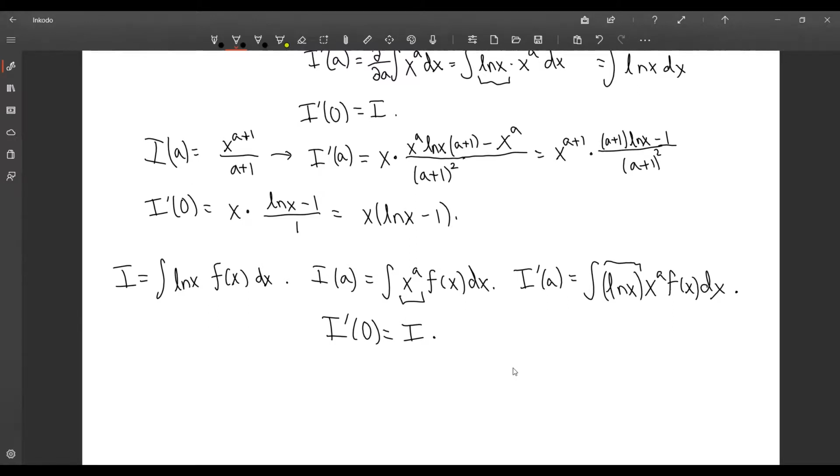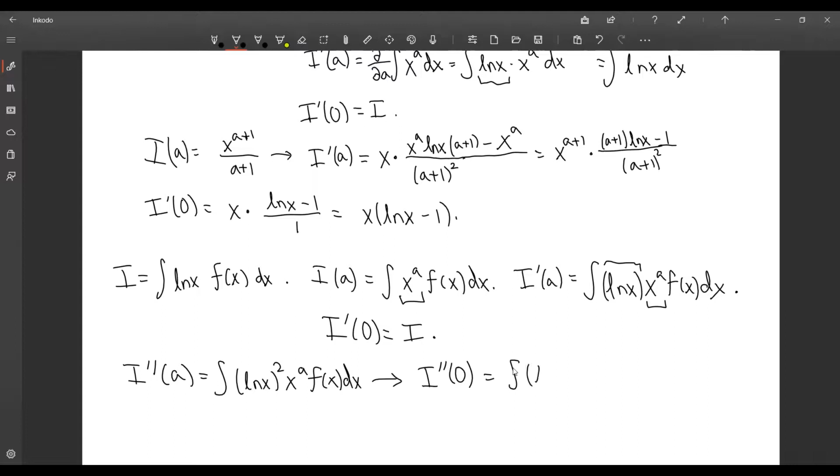So if we were to take a second derivative, I double prime of a, then all we have to do is differentiate this x to the a term again, and that's just going to give us another ln of x term. So I double prime of 0 is equal to the integral of ln x squared f of x dx.